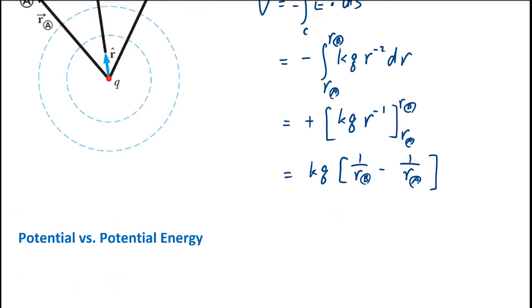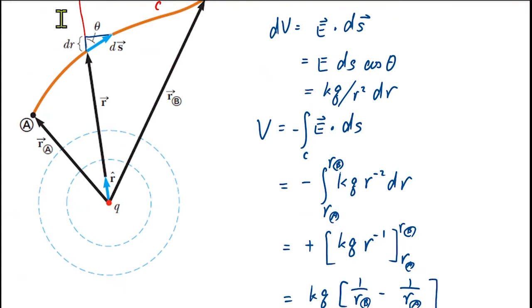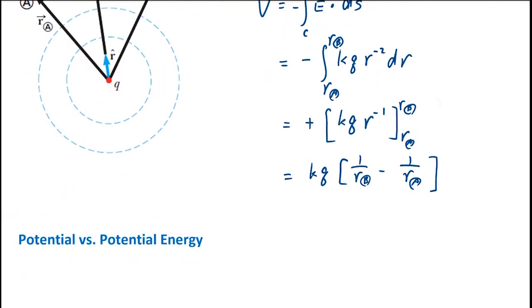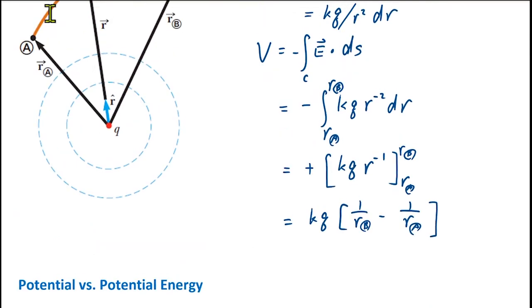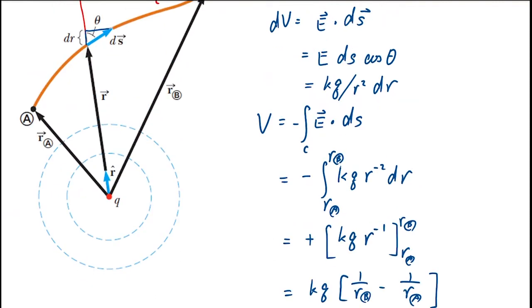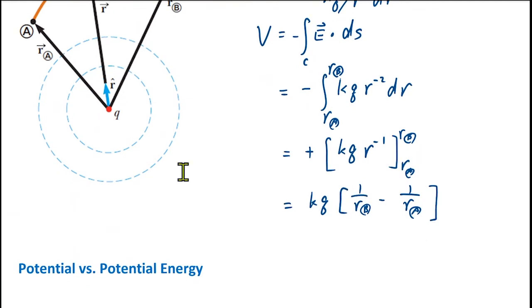Good? Okay. So it only depends on the radius, the radial direction, even if it moves sideways, because of this dot product, cosine theta. Now, the way it's written right here, do you see that radius at point A is smaller than radius at point B, right? Do you see that this whole thing is a negative quantity then?